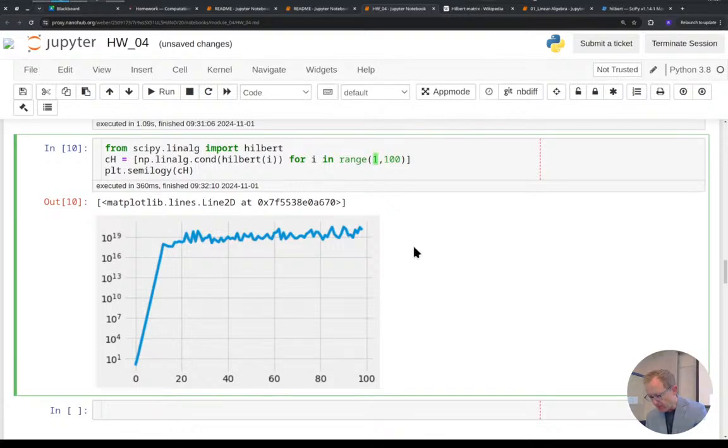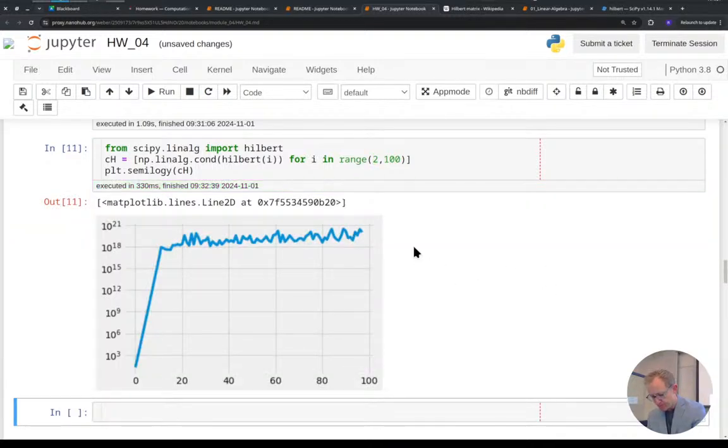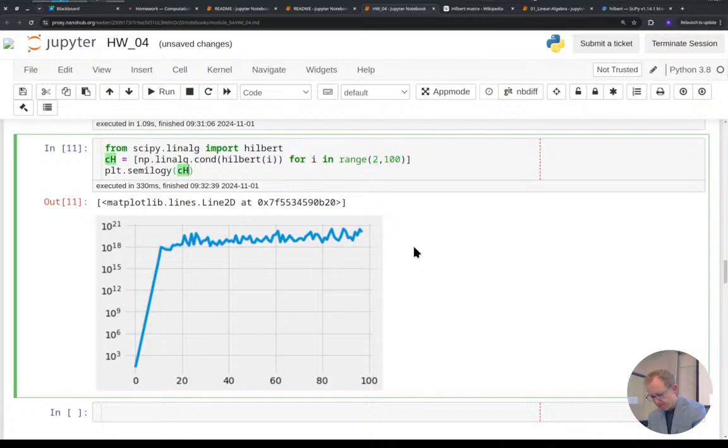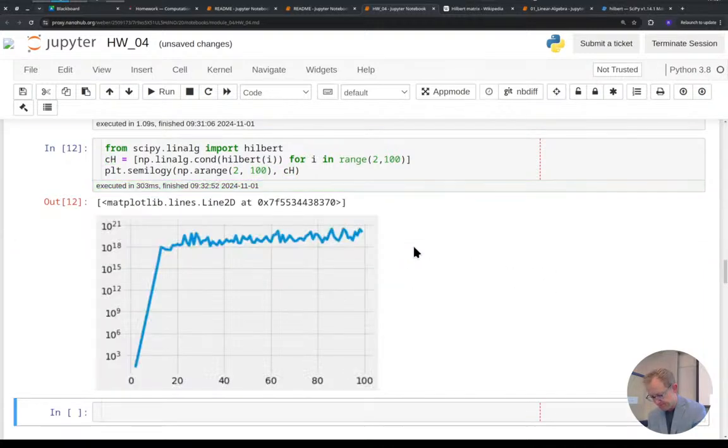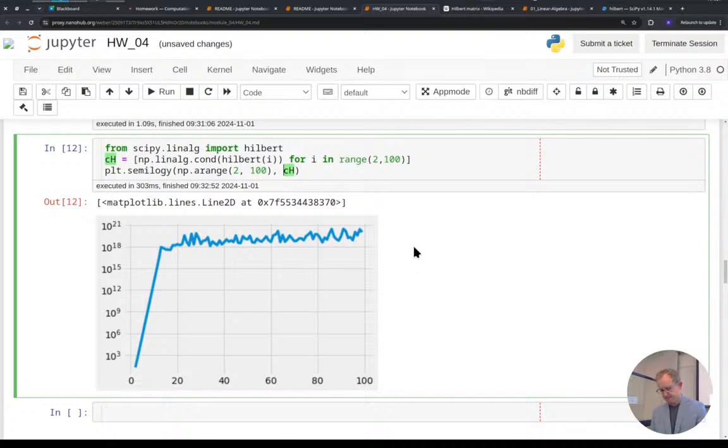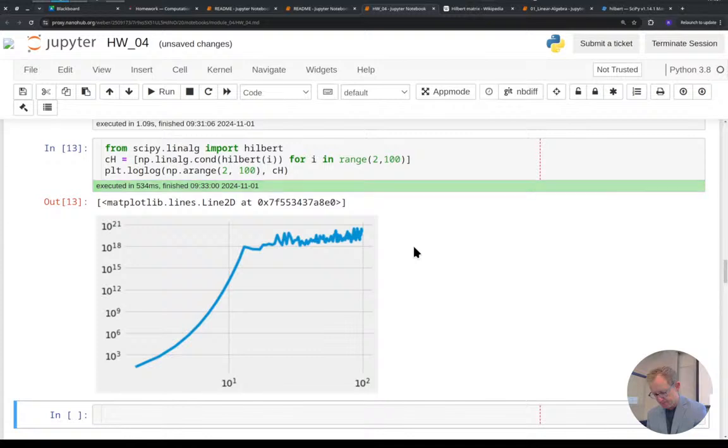Really, we could probably skip that 1 by 1, right? At first the condition number looks well behaved, but then I think we are just hitting round off error from the computer at that point.